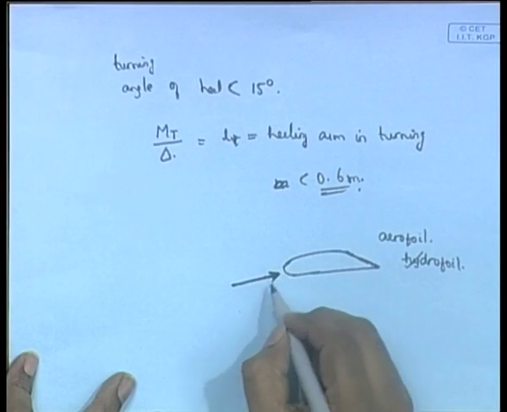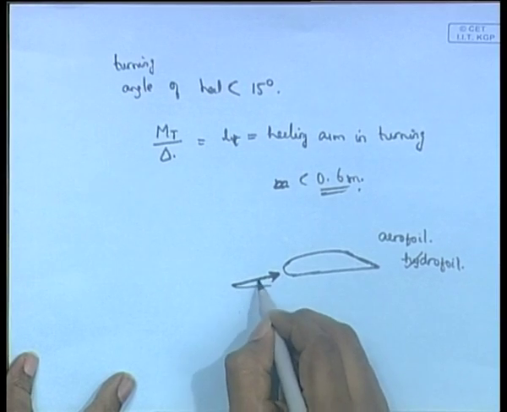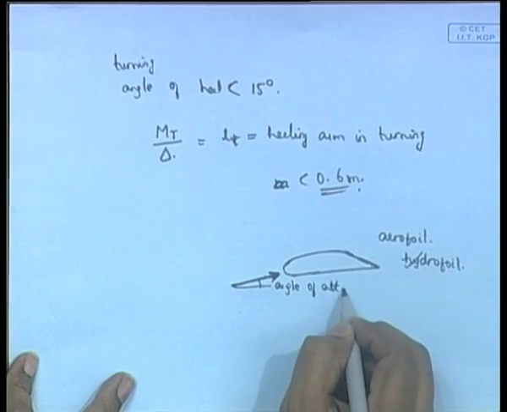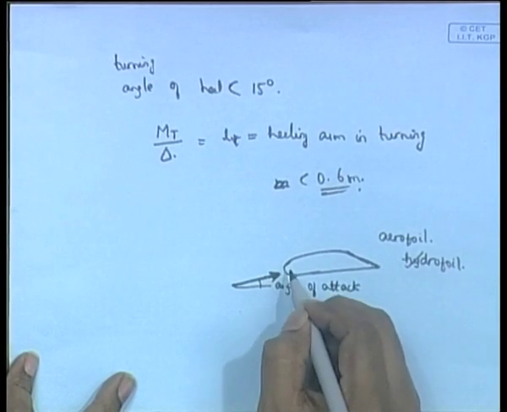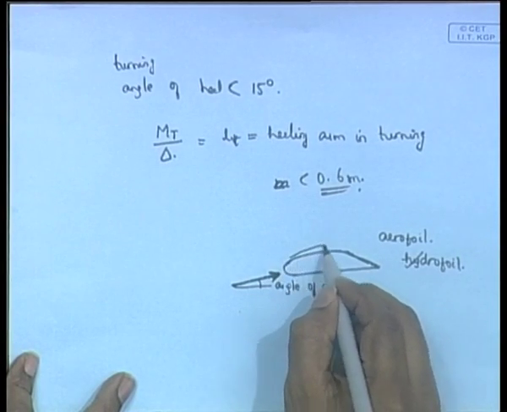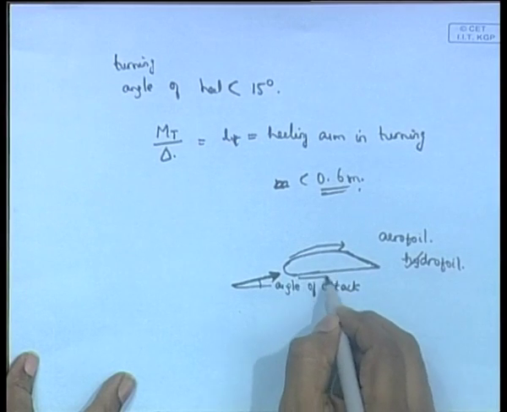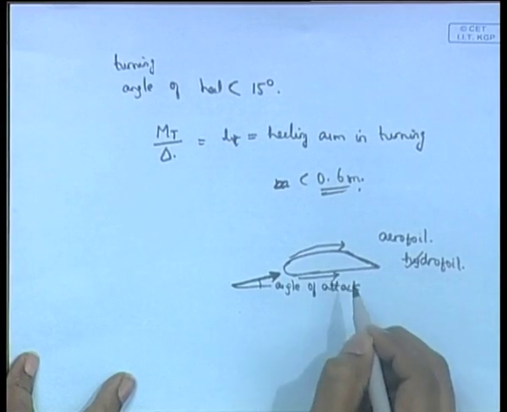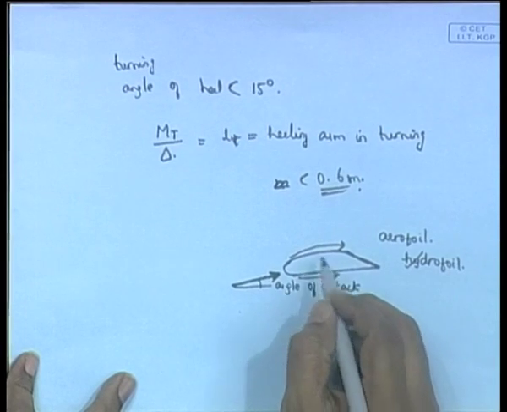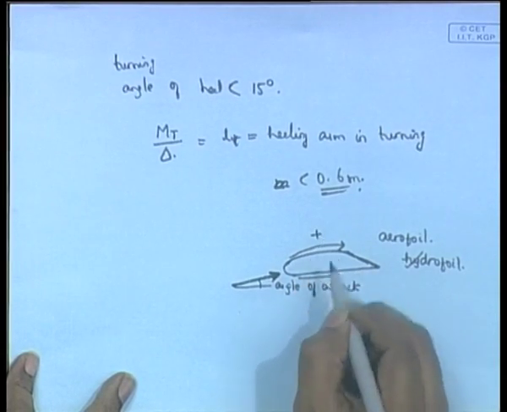when it comes at some angle, which is known as an angle of attack, because of the water which flows above the hydrofoil and below the hydrofoil, and the difference in velocities of the fluid, differential pressure is created here and here.